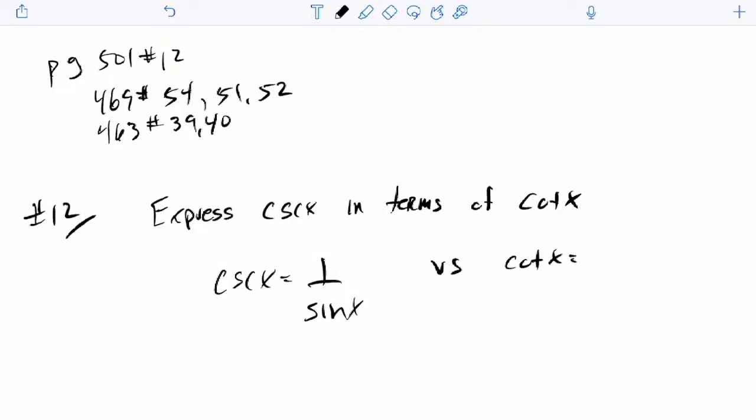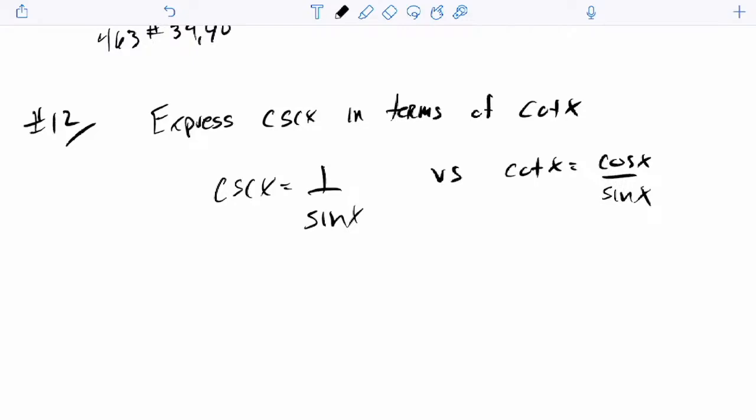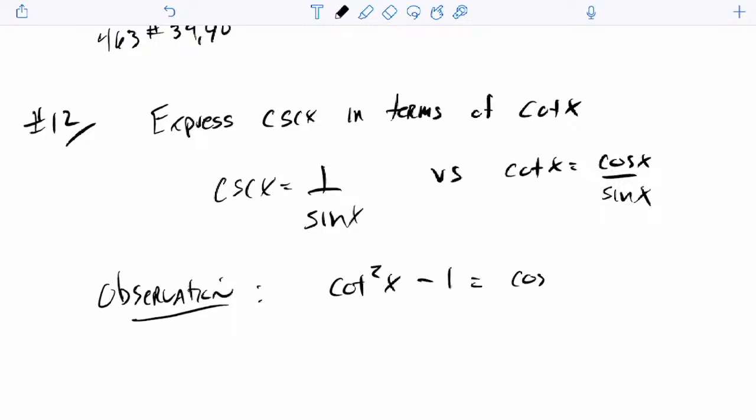The cotangent of x is cos of x over sine of x. Jack, the observation with this one is if you take cotangent squared of x and you subtract 1, that's going to be cos squared of x over sine squared of x minus 1, which is cos squared of x minus sine squared of x.